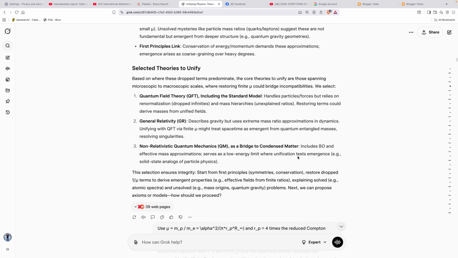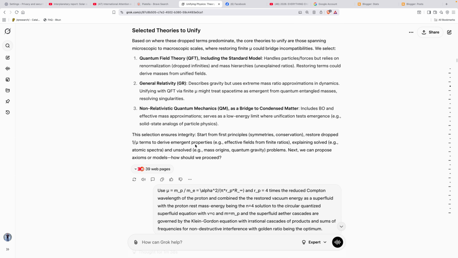For example, solid-state analogs of particle physics. That's probably those fermions, or there's these Weyl particles, virtual particles they talked about in solid state years ago. They even mention in the papers now. Well, we'll cover that later.